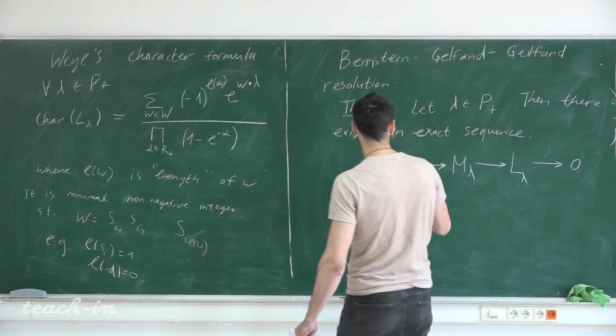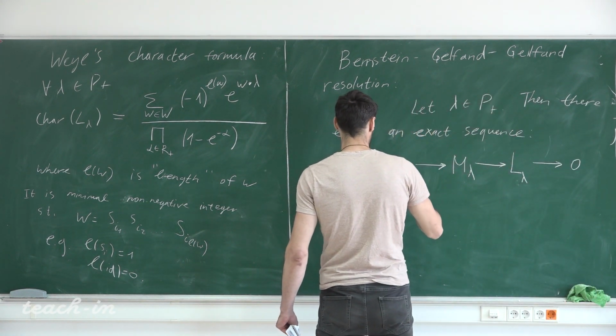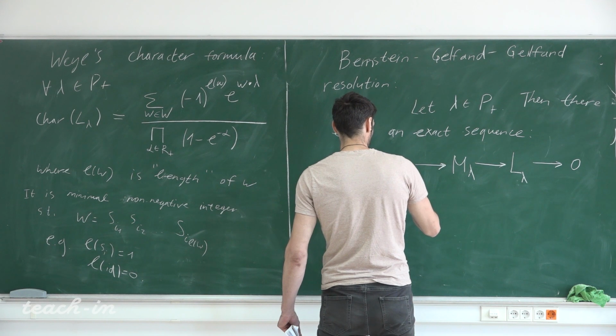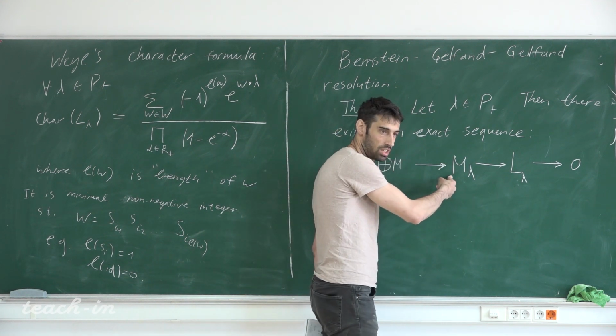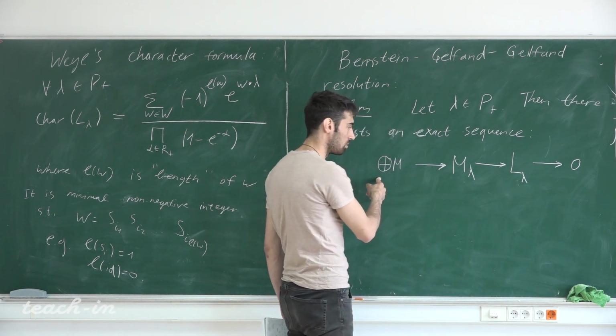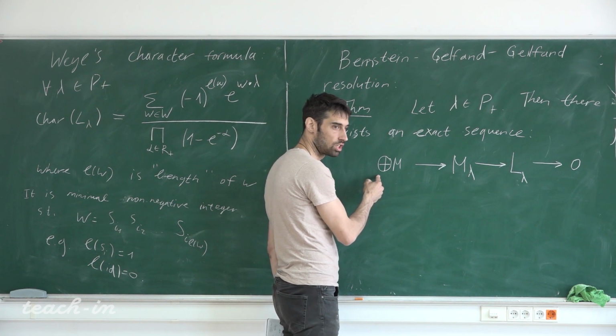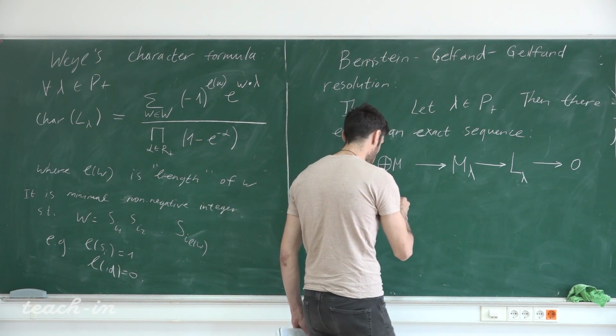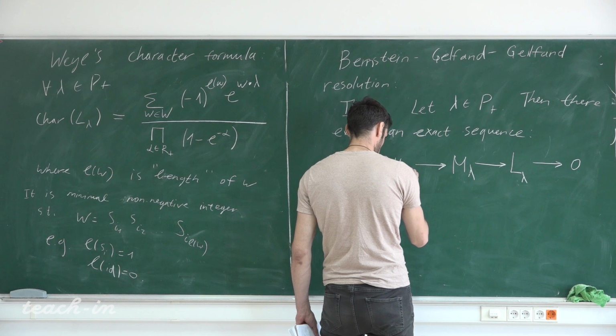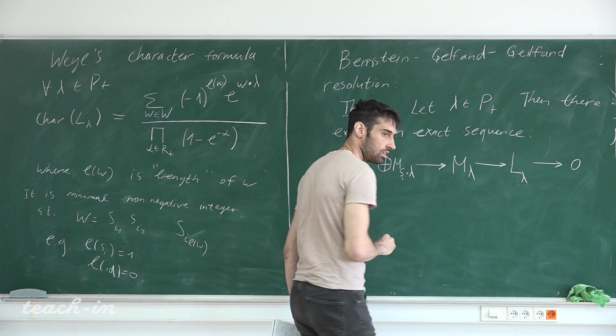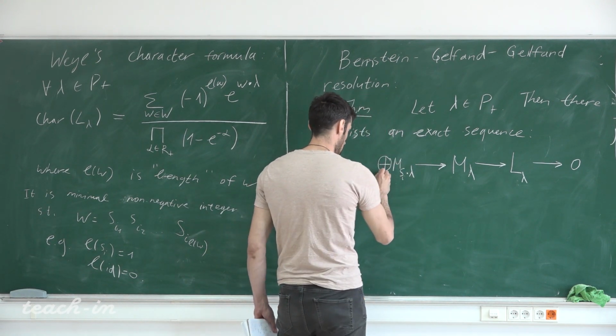So here stays a direct sum. Inside the Verma module it's not direct, but here I would like to write direct: Si shifted action on lambda, over i.